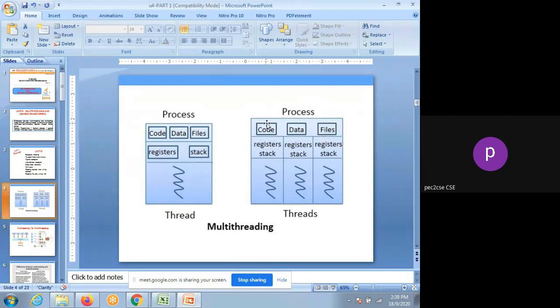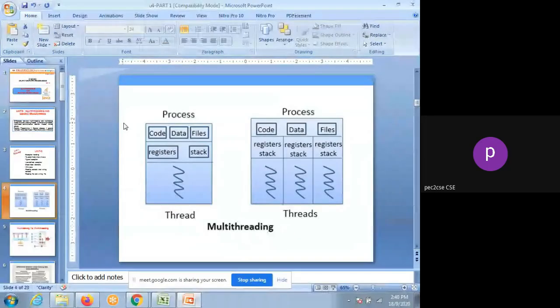All threads share a common memory, that is code, data files. All these things are shared by all these threads. Three threads are there, and all three threads are sharing this code and data files. But each thread has registers and stacks separately.